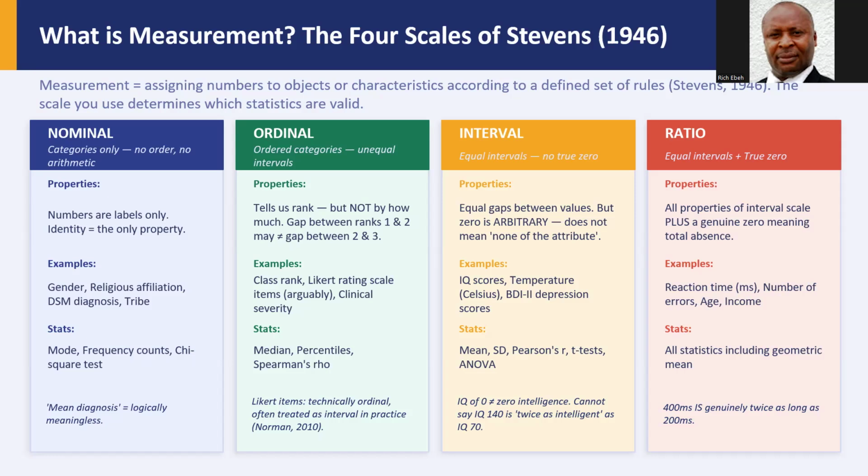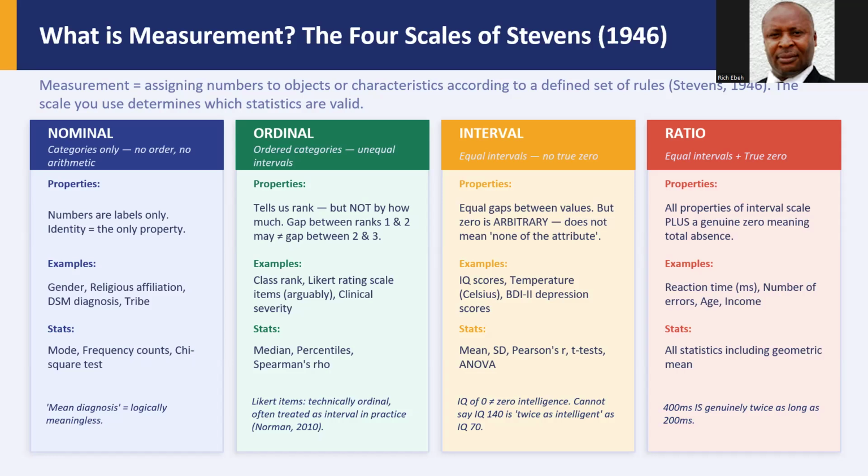So let's look at the second scale of measurement, the ordinal scale. The ordinal scale adds order or ranking to the categories. Remember, at nominal level, the categories are there only. No order, no arithmetic, nothing.